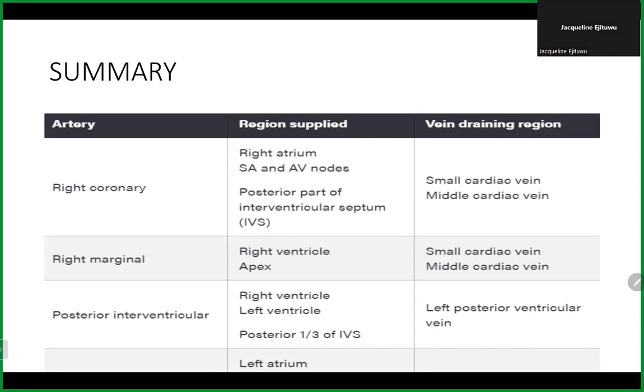Okay, V1. Thank you so very much. What I came across actually was that V1 is not specific for LAD occlusion. Yes, we are talking of RCA occlusion causing RV involvement.